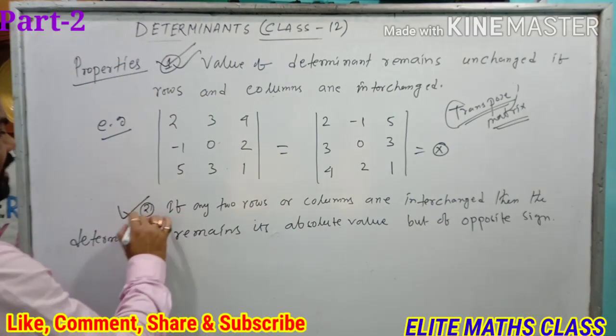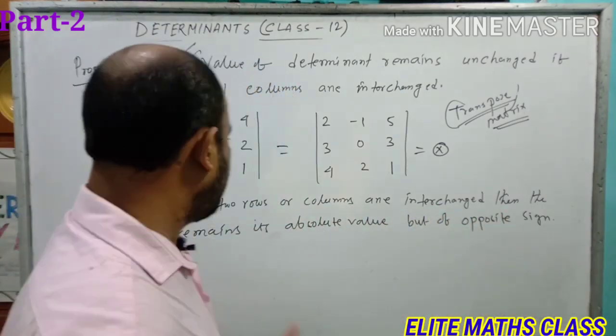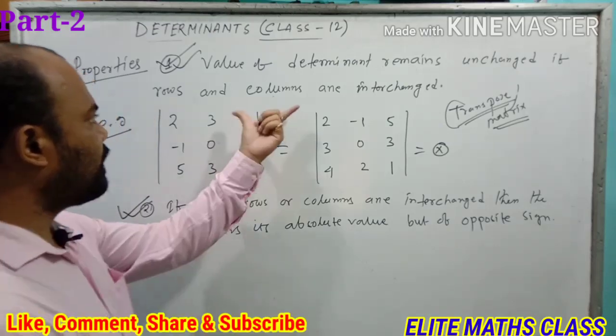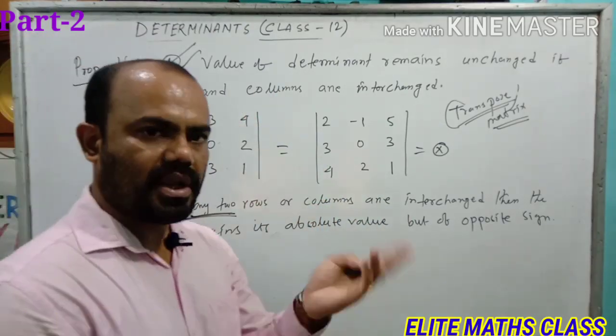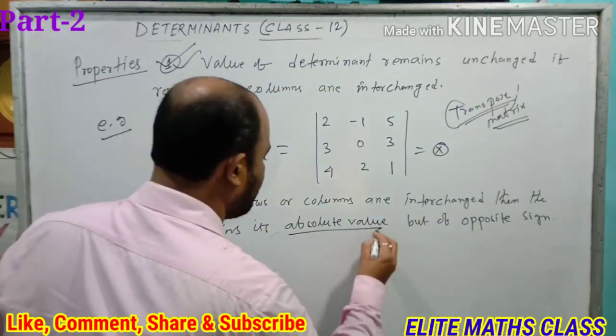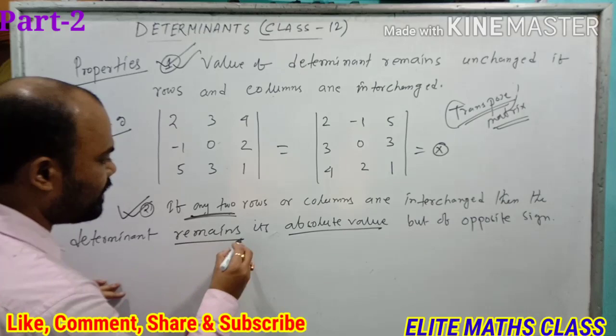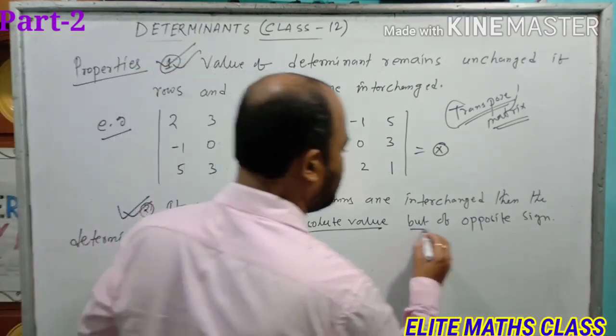Now the second property is: if any two rows or columns are interchanged, here it is any two, not all the rows or all the columns, then the absolute value of the determinant remains the same, but with the opposite sign.